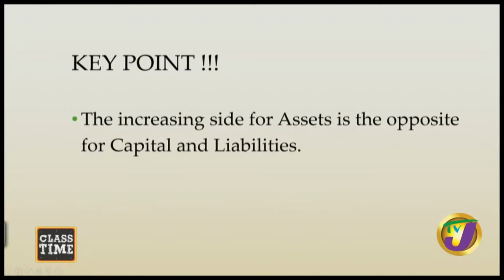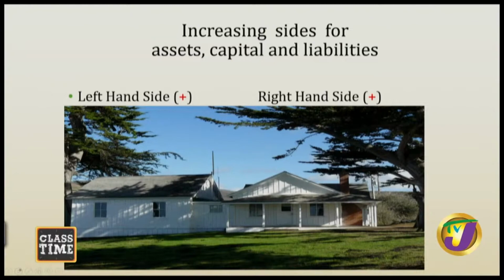Key point, remember, the increasing side for assets is opposite to that of capital and liabilities. In your practice, you will see that. Now just imagine that we have a house with 3 tenants, assets, capital, and liabilities. Now, assets actually occupy the left side, capital and liabilities occupy the right side.